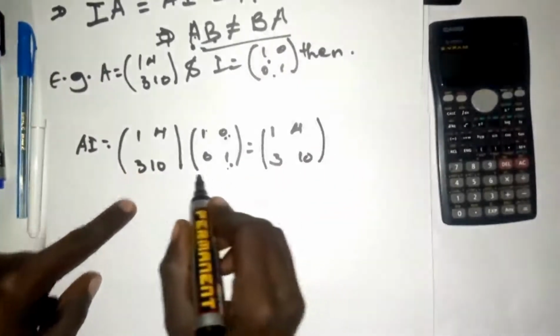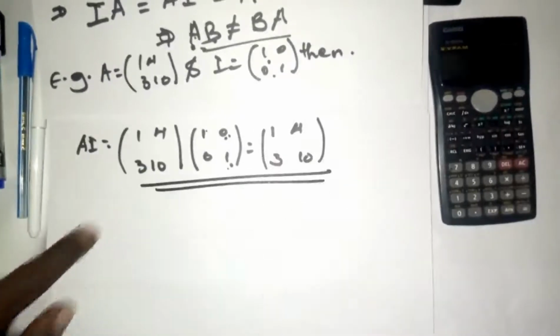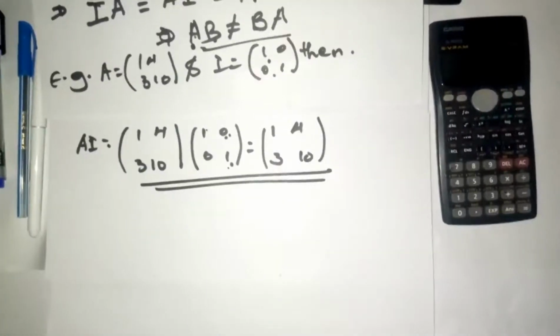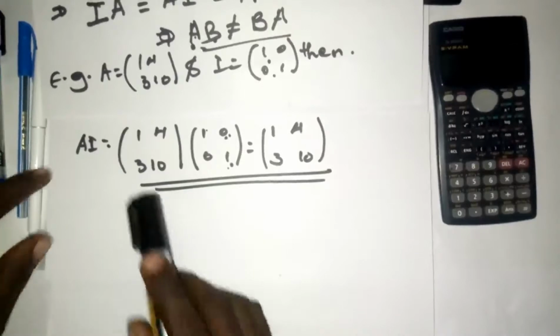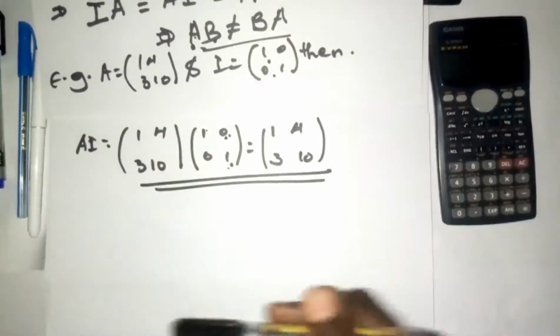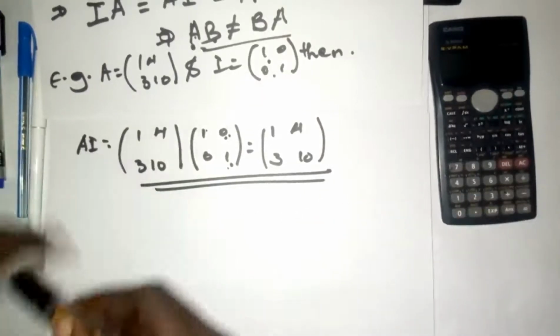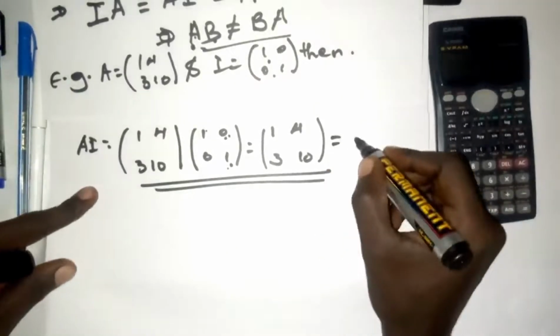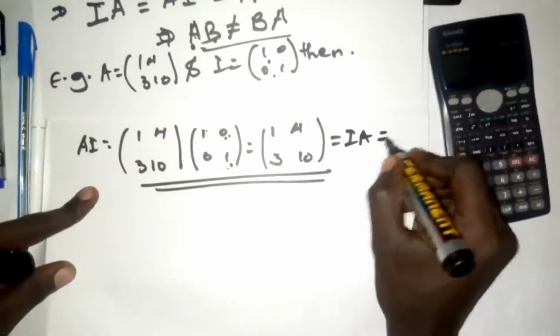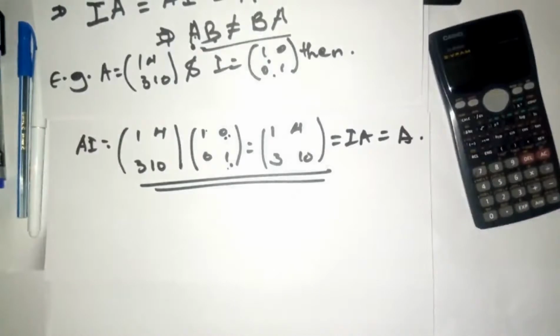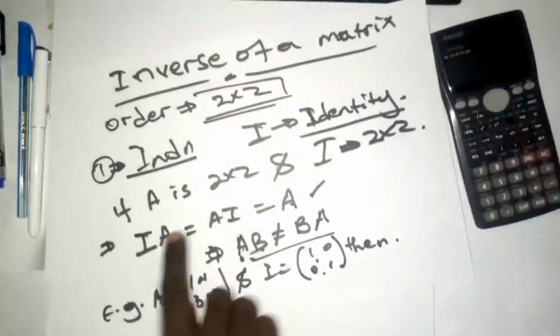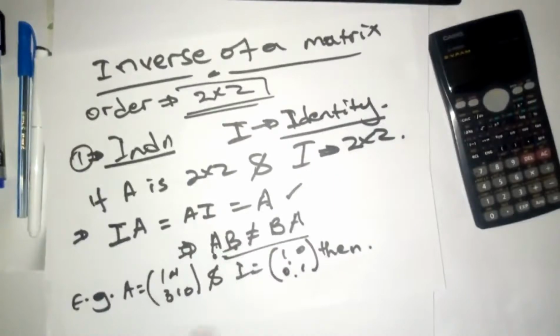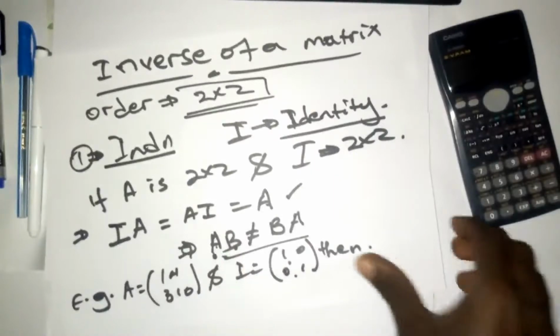So the matrix that I form is that. Hope that is clear. Meaning that if I multiply the identity matrix with any matrix, it will still give me that matrix. This is the same as IA, which is also the same as A. Hope that is very clear for all of us, implying that our condition there is still holding.